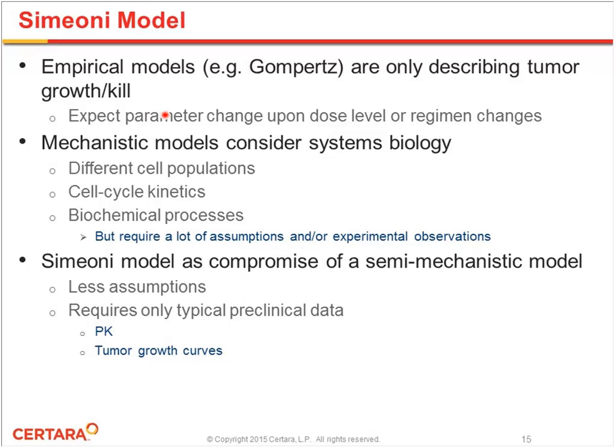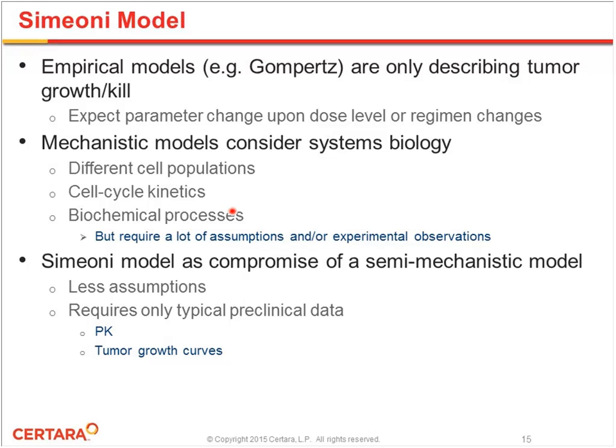To the contrary of this, there's a mechanistic model, which gives more a sense of biology behind the tumor volume and the growth. So this considers typically different cell populations, cell cycle kinetics, and also biochemical processes.